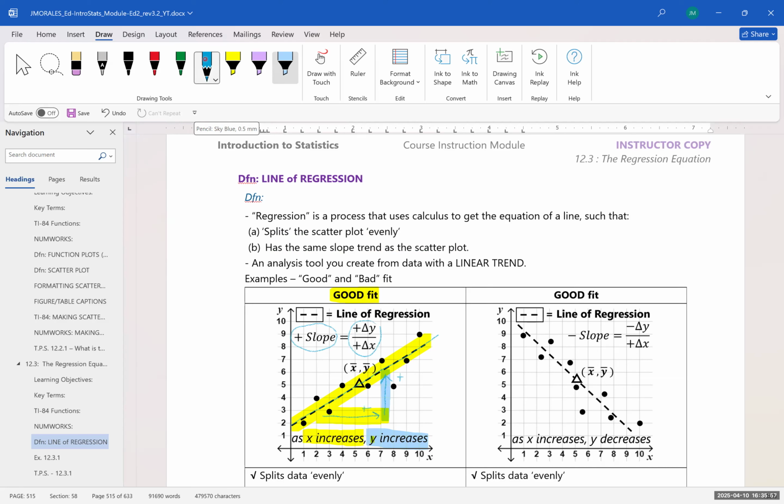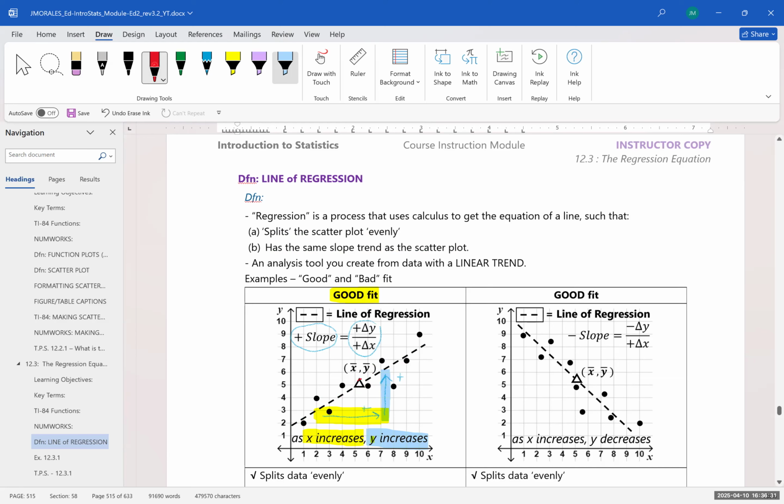Now, something new that you additionally may not have seen: we've taken values of x and found the mean of those values of x. But if you not only take the x values and find their mean, but also take the y values and find the mean, then the mean of the x values and the mean of the y values make a calculated point.